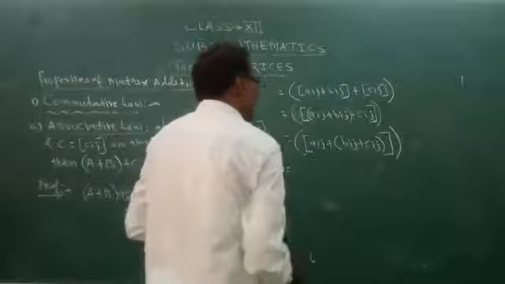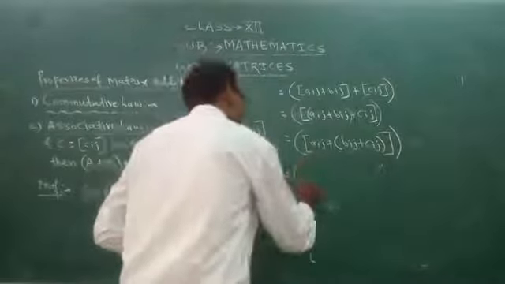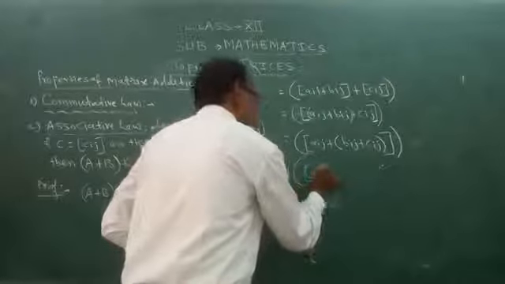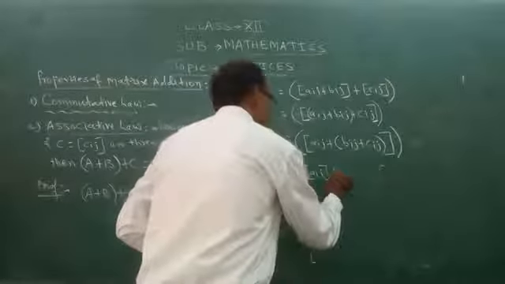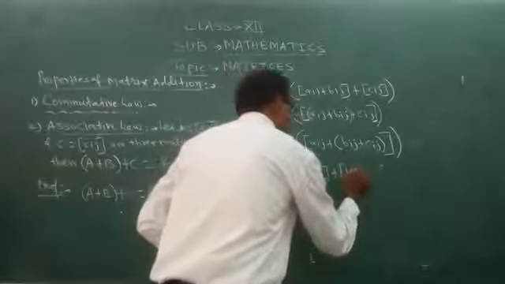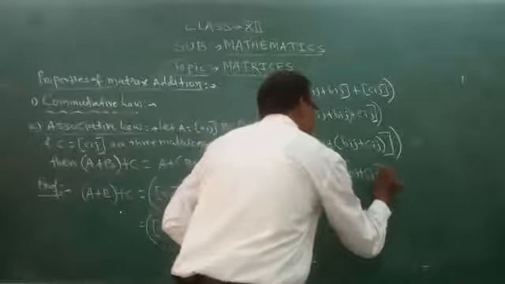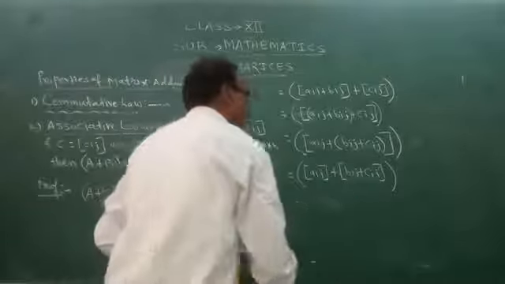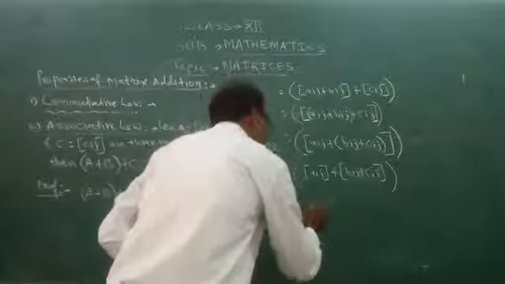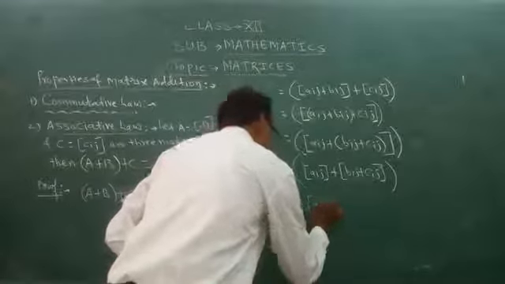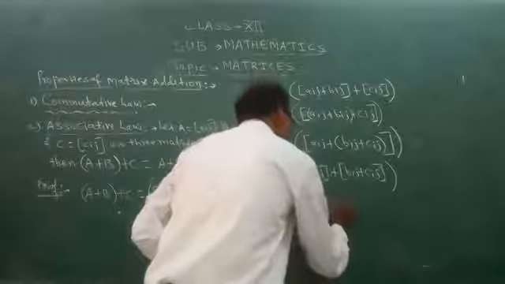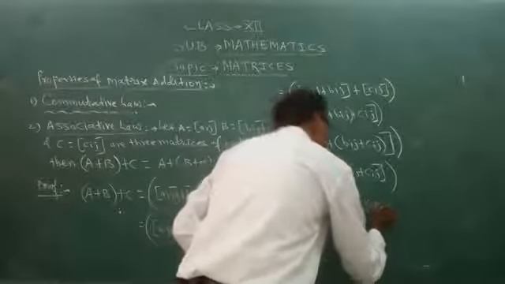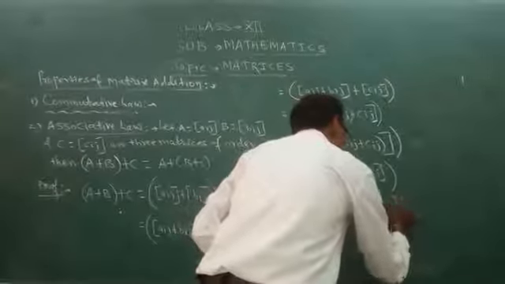Okay. Now again we can separate it. That will be in bracket. Separate these two matrices. Aij first matrix plus the second matrix Bij plus Cij. So it will be Aij, plus in bracket another Bij plus Cij.